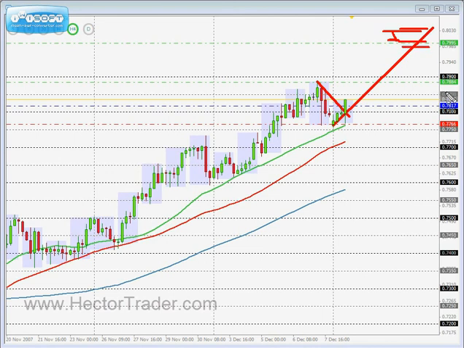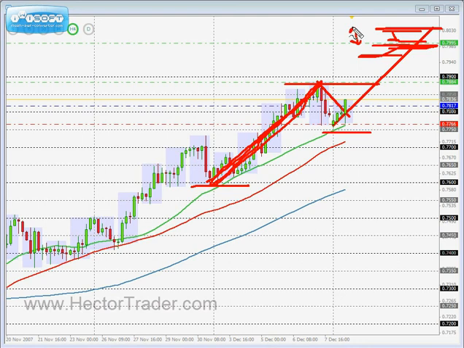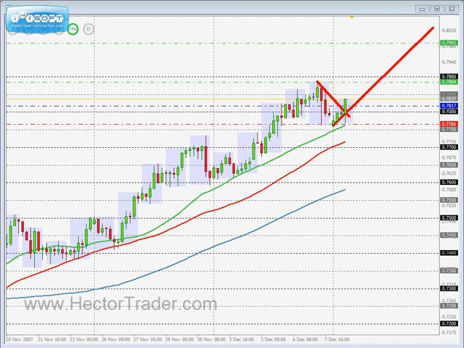I'd rather be conservative with my targets and exit a little before that round number, 0.8000, and by that time the previous swing distance from low to high, added to the tip of the retracement, would have almost been met. I'm just giving up a very small portion of that projection, and I don't see the point in being greedy.